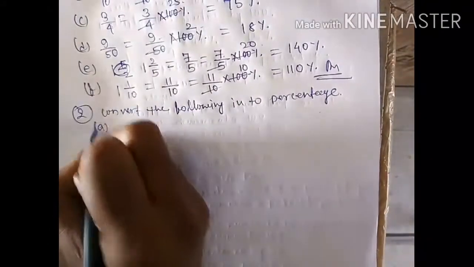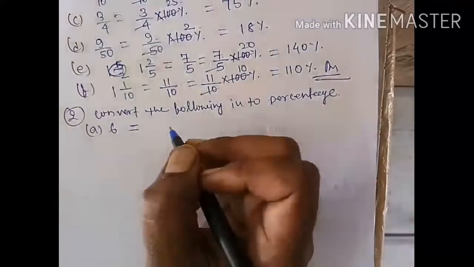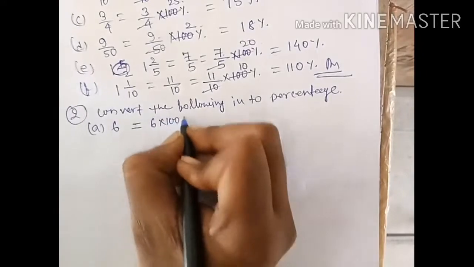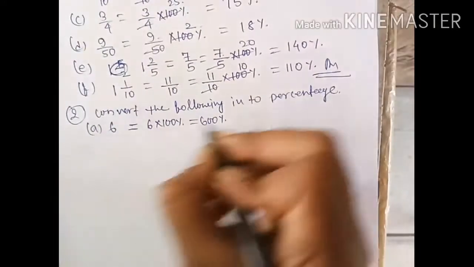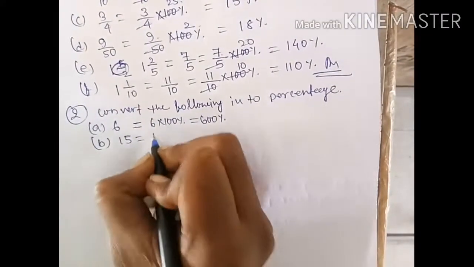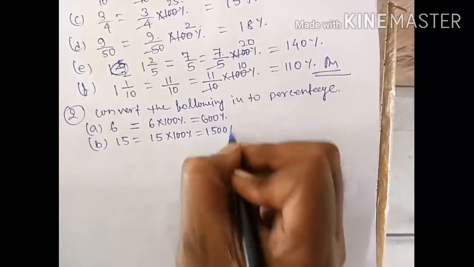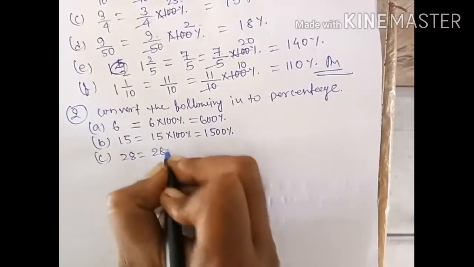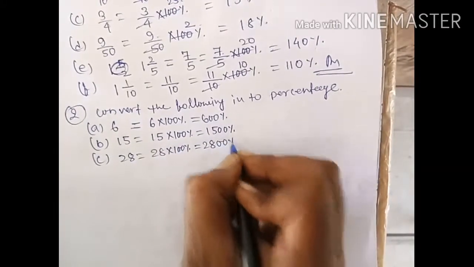Here first is 6. To convert whole number into percentage, simply we multiply by 100%. Then you write 6 into 100%, that is 600%. Again in question number B, here 15, simply you multiply 15 by 100%, that is 1500%. Third is 28, so we write 28 into 100%, then you got 2800%.